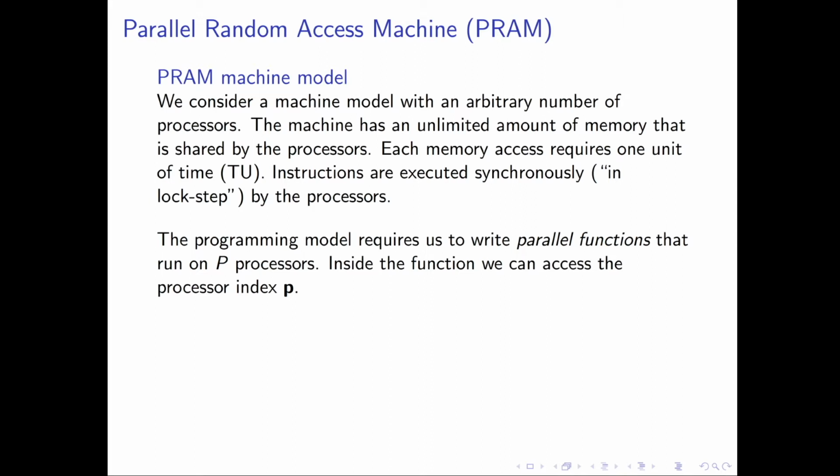With the PRAM model, instructions are also executed synchronously. We will call that lockstep execution. And the programming model requires us to write parallel functions that run on P processors. When we write those functions, we can, inside that function, access the current processor index.